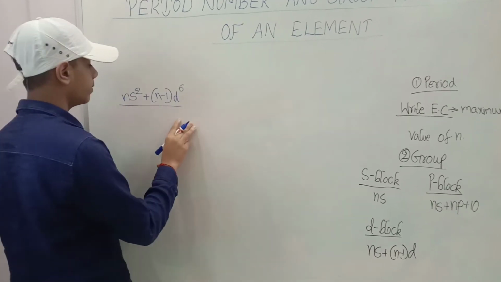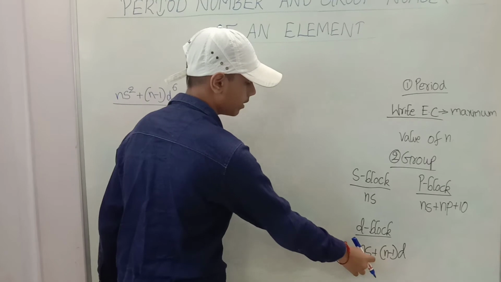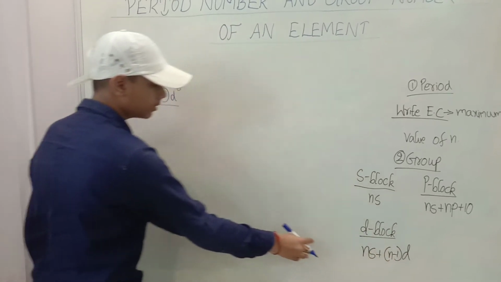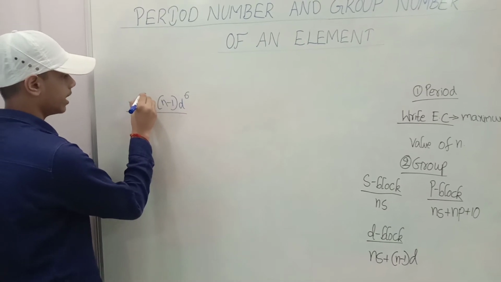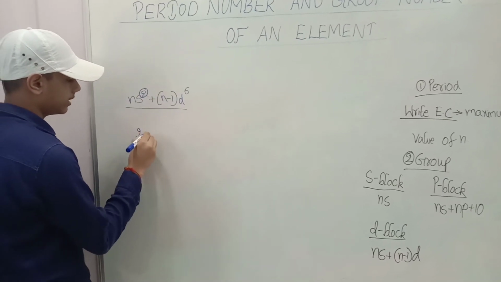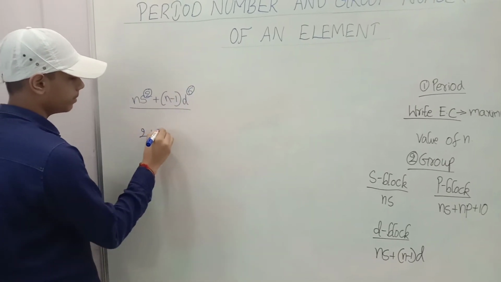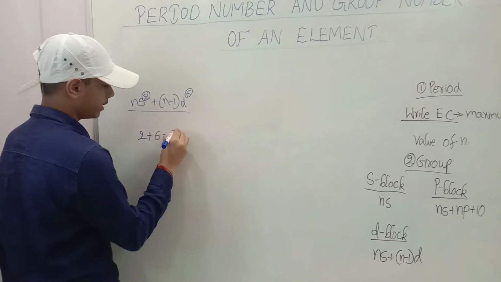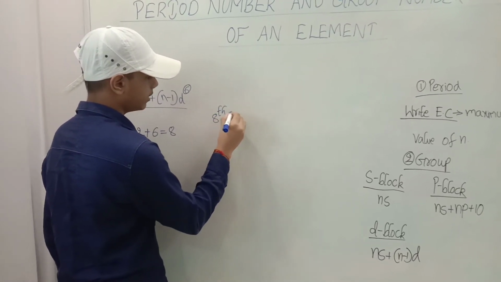To find the group number, we should add the total number of electrons in ns plus the total number of electrons in (n minus 1)d. In ns2, we have 2 electrons. So 2 plus d6, we have 6 electrons. So 2 plus 6, we get 8. So this element belongs to the 8th group.